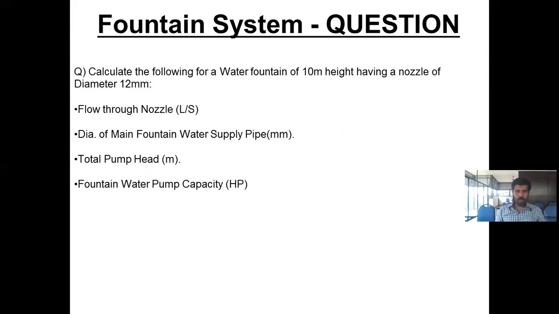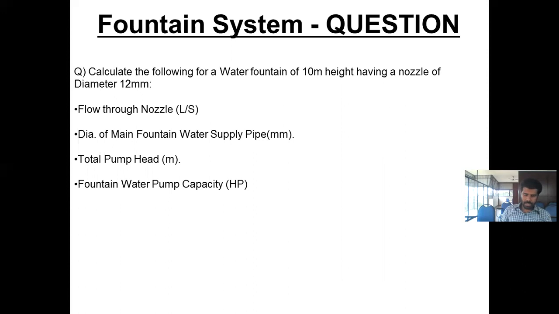Right? So calculate the following for a water fountain having the height of 10 meter. You have to spray up to 10-meter height, having a nozzle of diameter 12 mm.